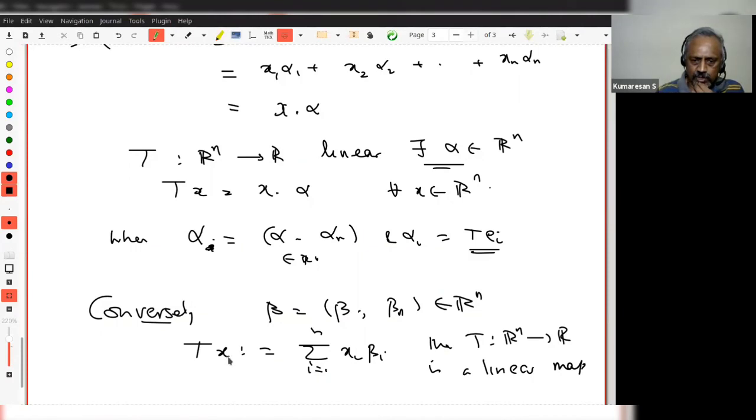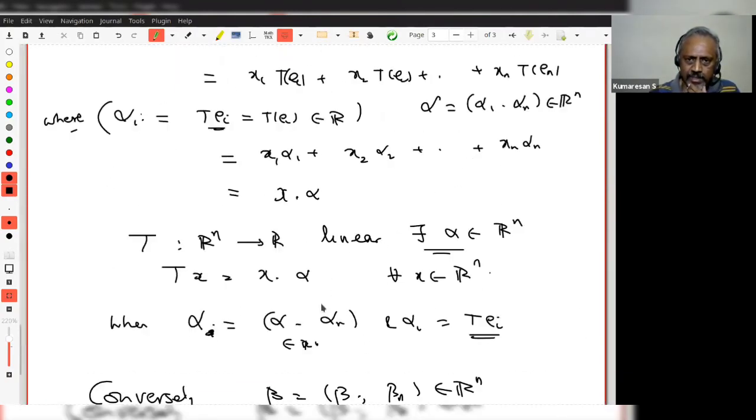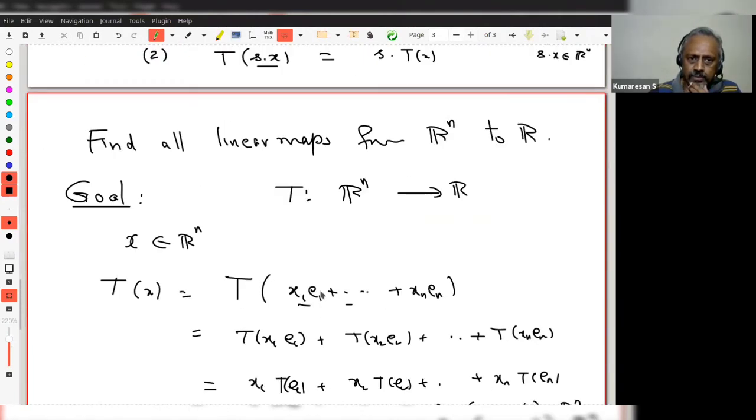Because T of x plus y will be the summation of xi plus yi times beta i, use the distributive law, therefore it will be T of x plus T of y, and so on. Okay, I don't want to stop to do that. That's trivial algebra.